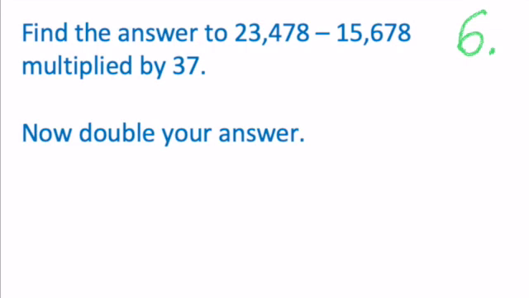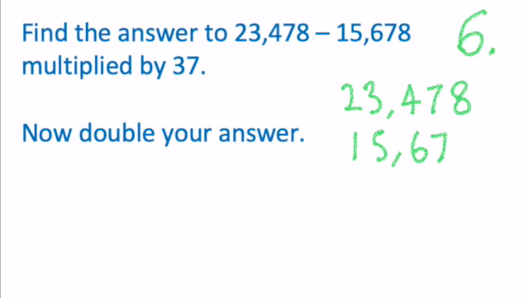So the first thing is I need to do this subtraction. So I'm going to do 23,478 and I'm going to subtract 15,678. Oh, they both end in 78. Let's just check we've got our numbers right. Really important to do that. You can make such silly mistakes.